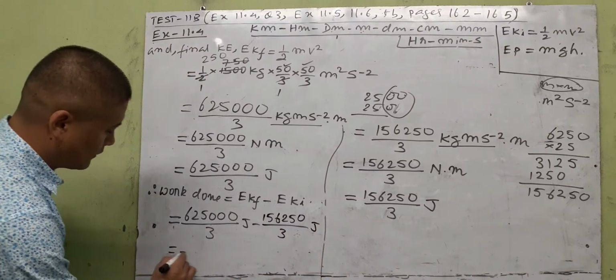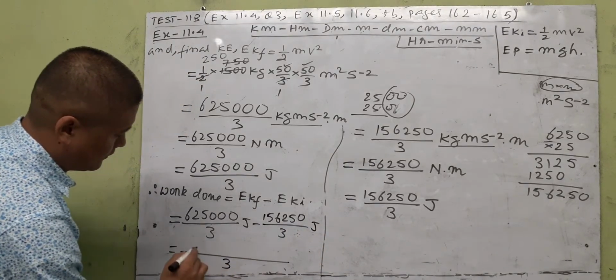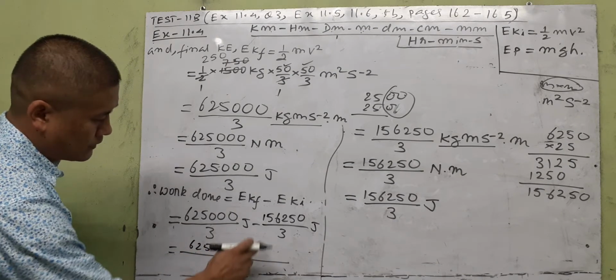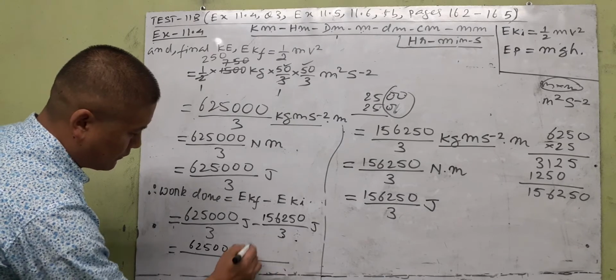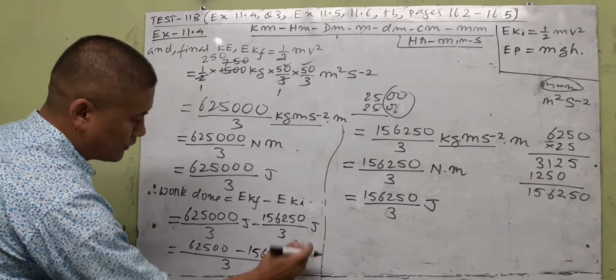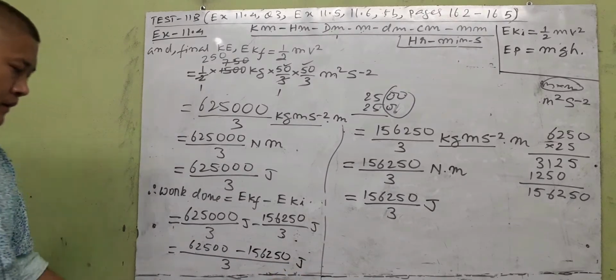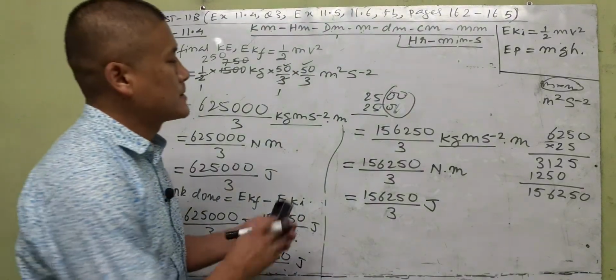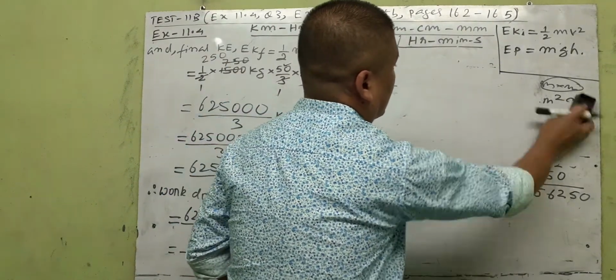So we write here 3 LCM, so 625000 minus 156250, and joule you can bring out as a common factor. So it's just a matter of subtracting these numerator values, which we can get, I think, easily.